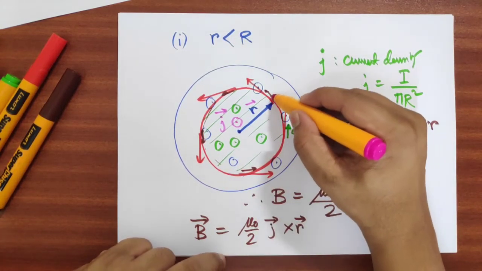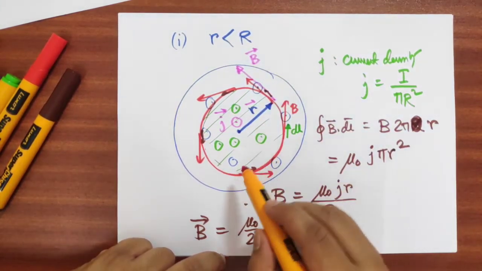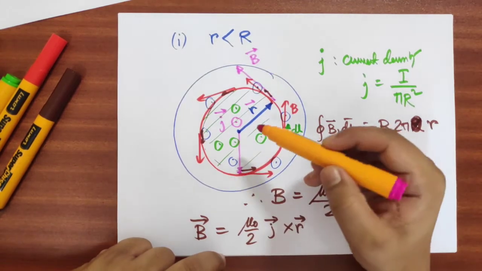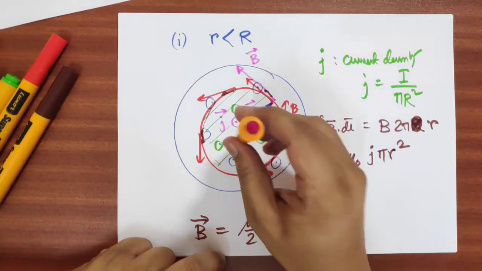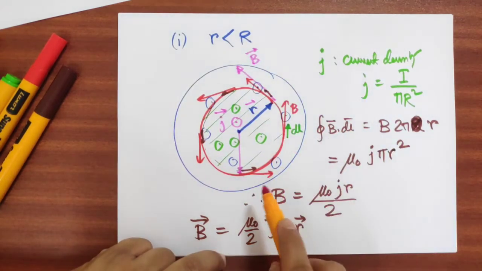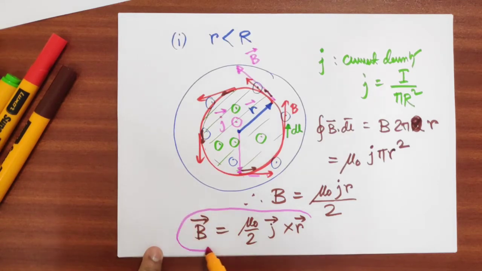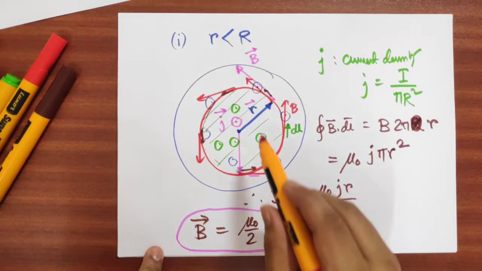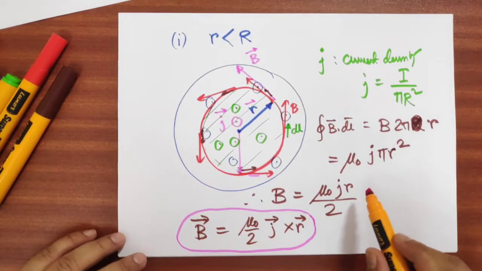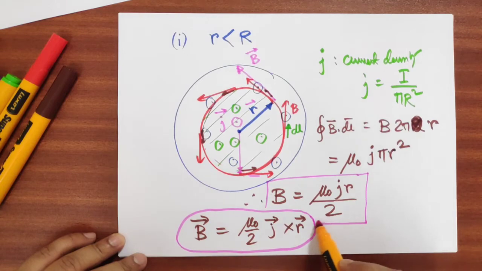So J cross r is in this direction, and at all points you can check this. So this is a complete expression for finding the magnetic field at a point inside: mu naught by 2 J cross r, and its magnitude is mu naught J r by 2.